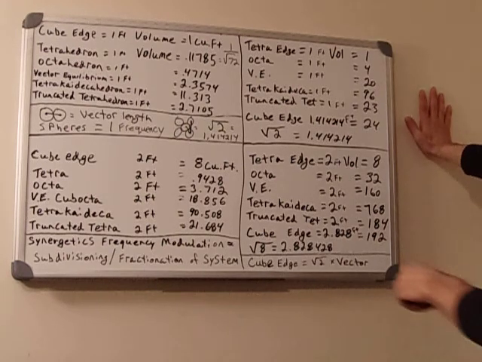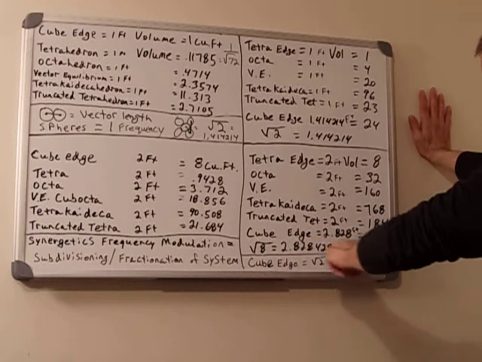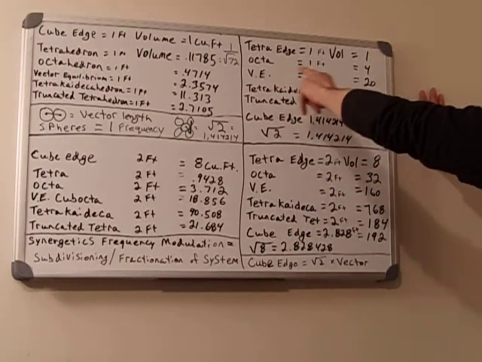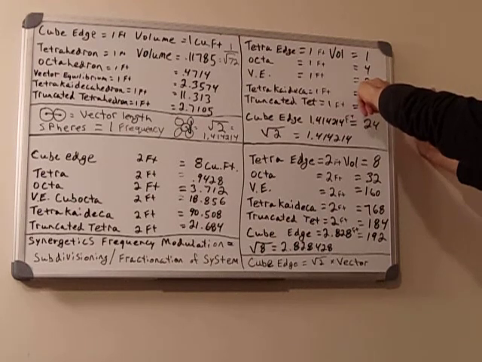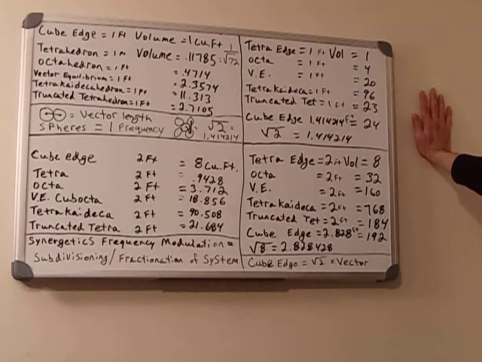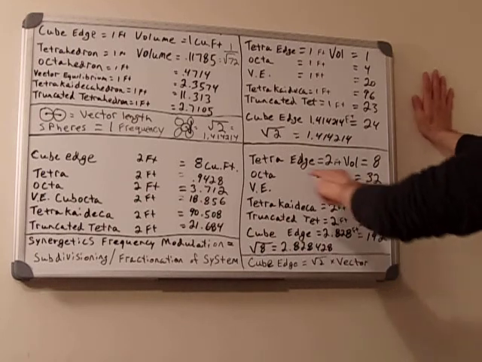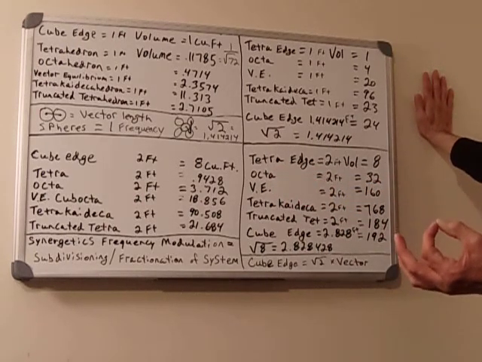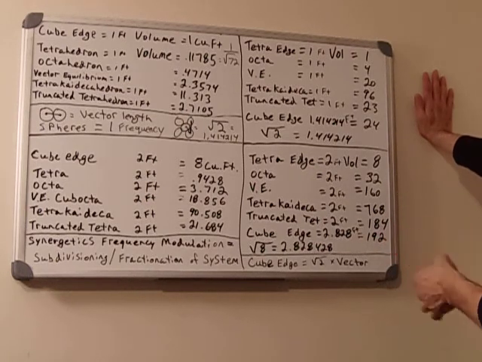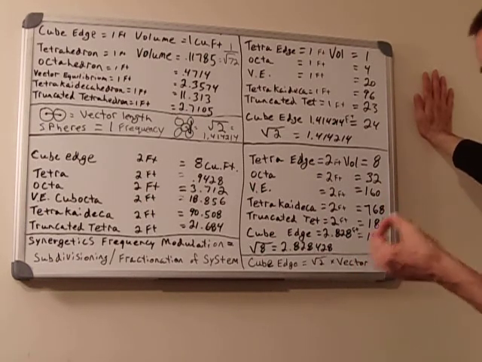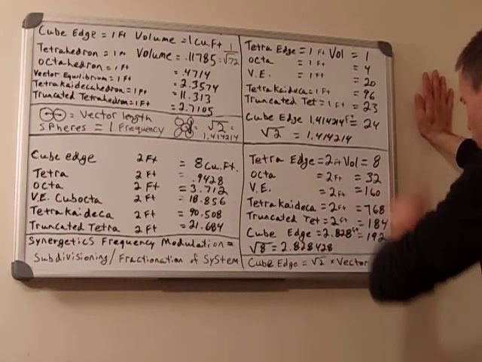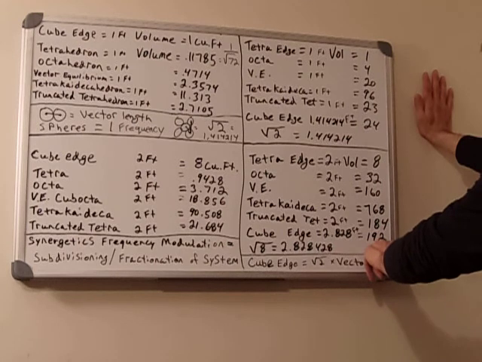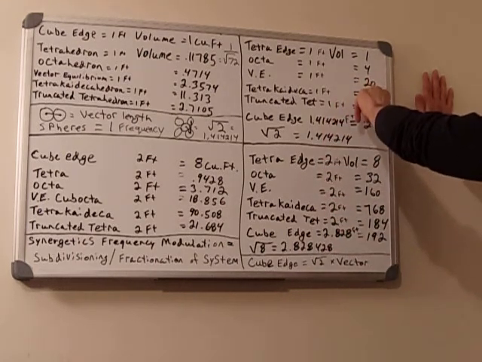Then I noticed that if you took the 2-frequency cube of 192 volume and you added it to the vector equilibrium's volume of 20, you got 212. And that's equal to the octahedron's volume of 32 times Planck's constant times 10 to the 34, or 6.625 times 32 is equal to 212, which is 192 plus 20.